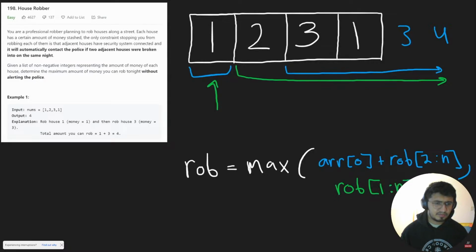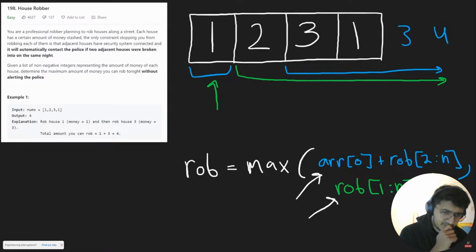So this is the recurrence relationship. You might not know exactly what that means, but it's basically a way to break up dynamic programming problems. Notice the result of the entire problem depends on only these two. If we can compute these two, then we have our result. But notice each rob can be broken up into its own subproblem, just like we did over here.